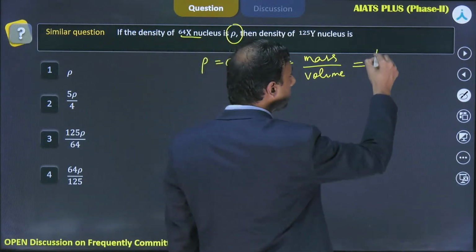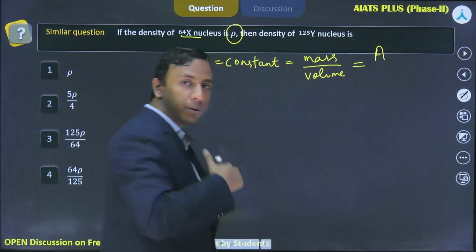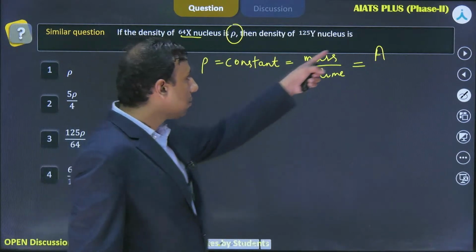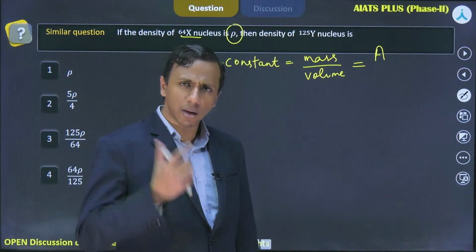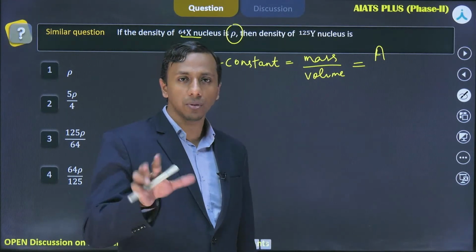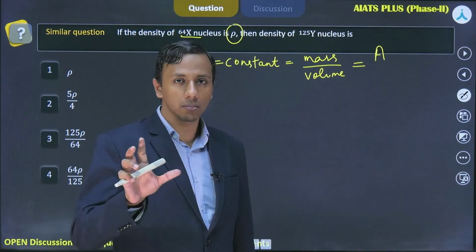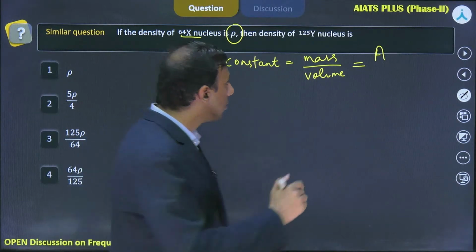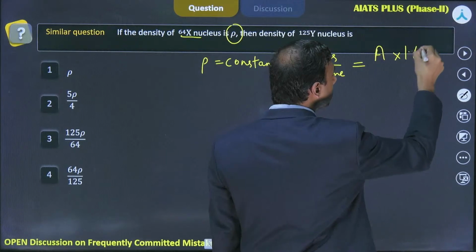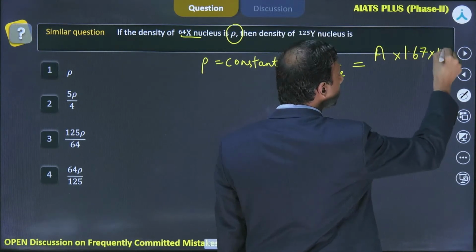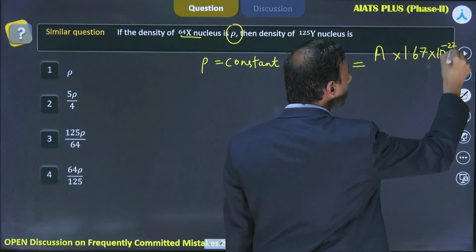Mass will be nothing but mass number, which implies how many nucleons are there, into the mass of one nucleon, or let's say mass of one proton or one neutron, whose masses we are taking to be almost the same. So it will be 1.67 into 10 raised to the power minus 27 kg.